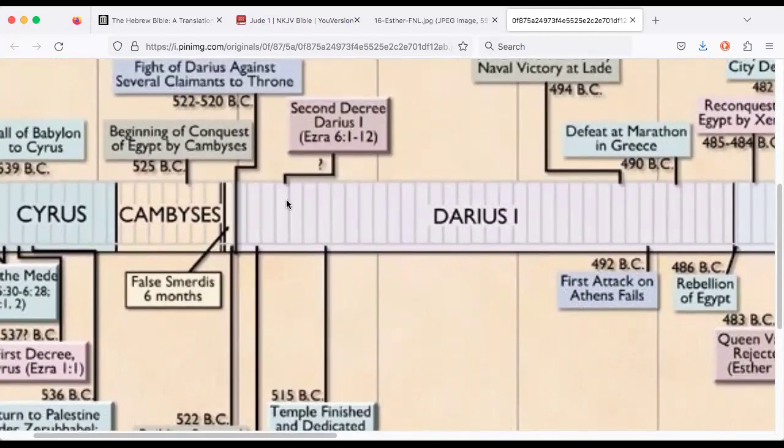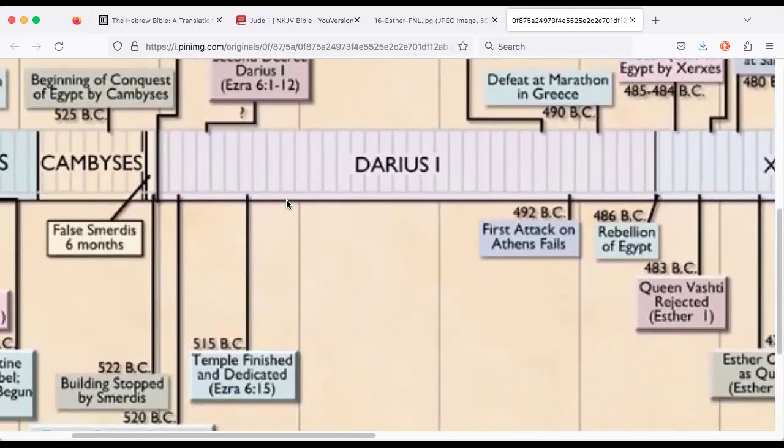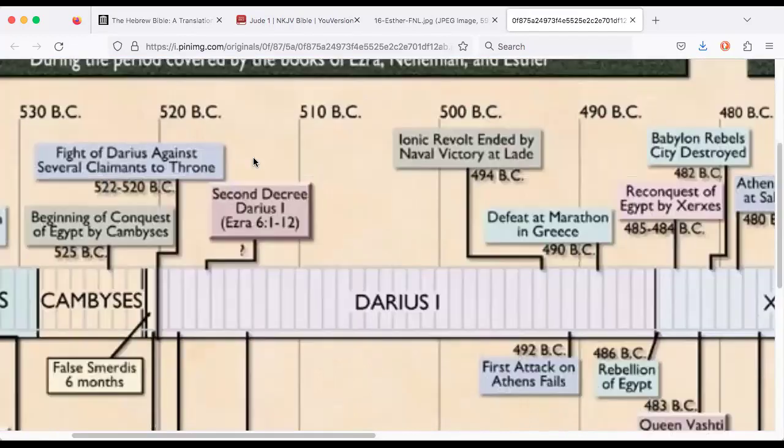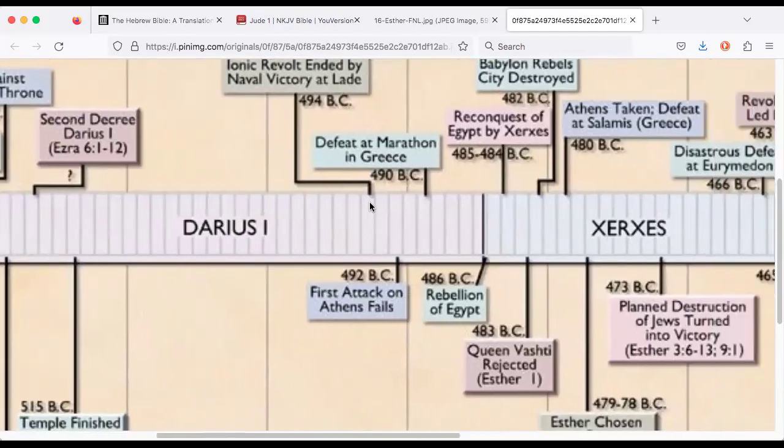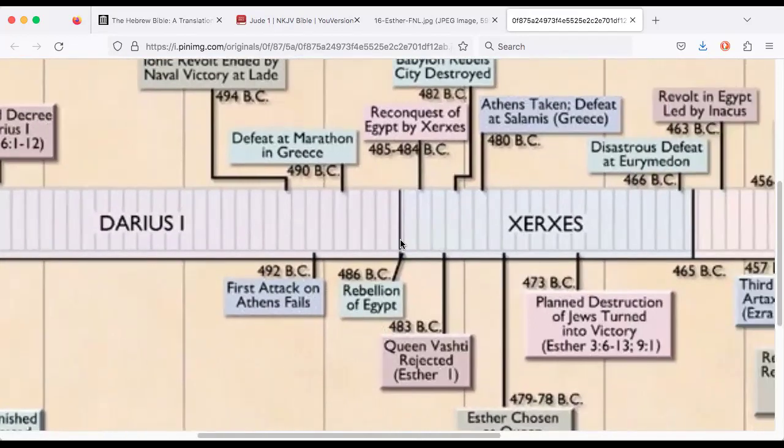So finally, you have Darius the First that comes in. He'd gotten things rolling again. Finally, the temple's finished here under Darius the First, and it's dedicated. And then that story goes into Xerxes, right?